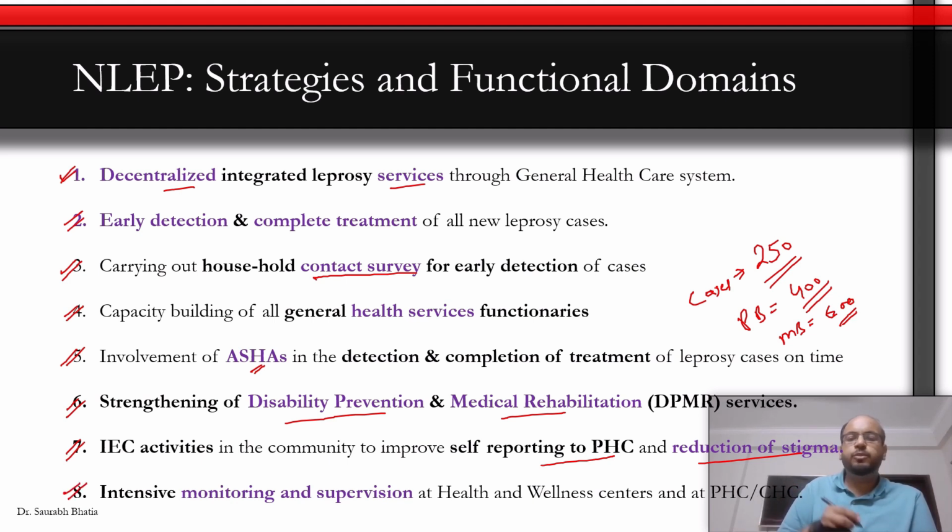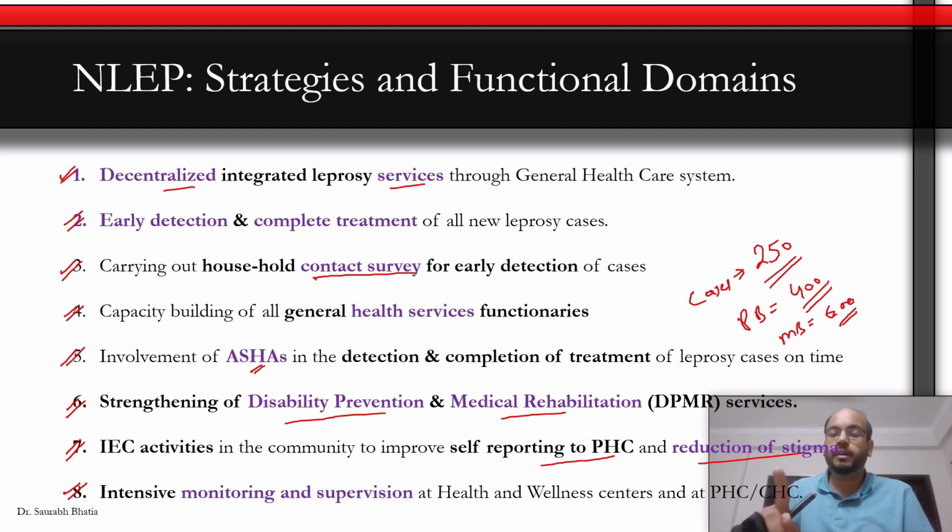Intensive monitoring and supervision at health and wellness centers at PHC and CHC level. The monitoring and supervision covers whether the patient has taken treatment, is taking treatment, has completed treatment, whether the disability is manageable by prosthetic means or surgery is required, whether the patient is recovering well and is rehabilitated, and can do routine work as well as any other normal person.